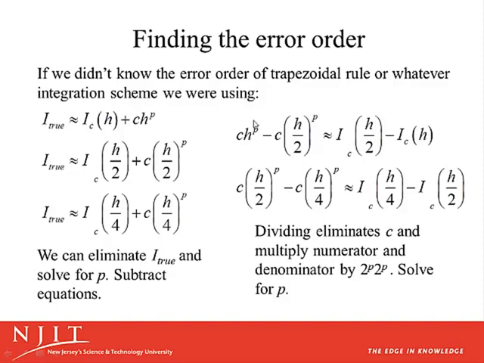So the top equation involves using grid size h and h over 2. And the second equation on the right uses the two finer computations, grid size h over 2 and h over 4. And if we divide these equations, we can see that we eliminate the c. And then in order to eliminate the denominators, if we multiply by 2 to the p, we get some simplification that works out when we solve for p.